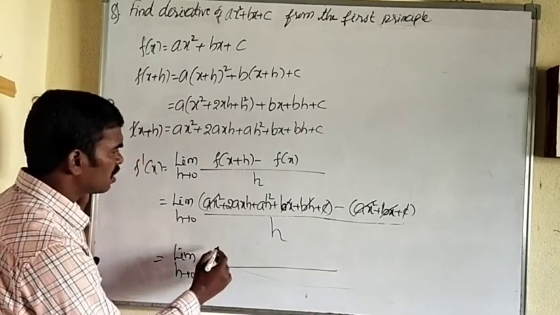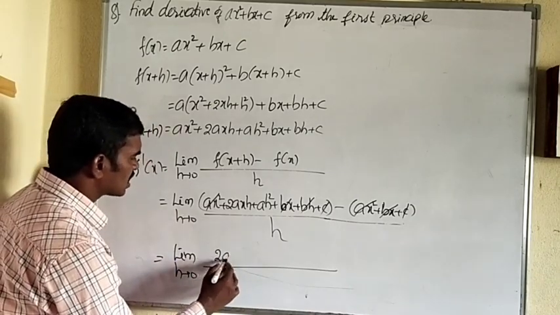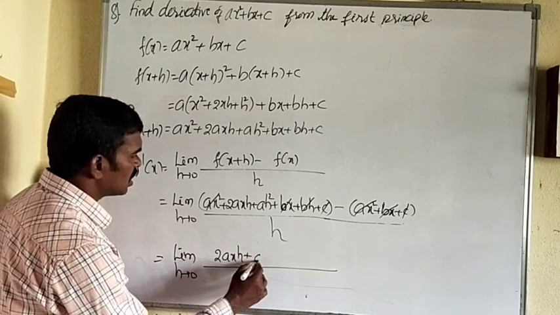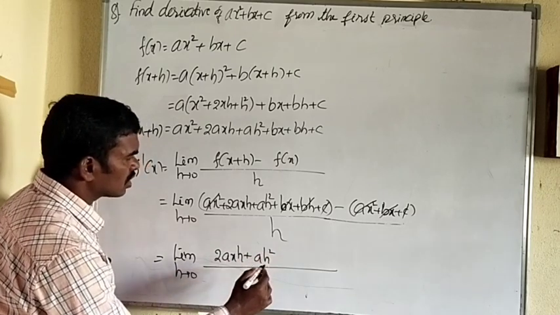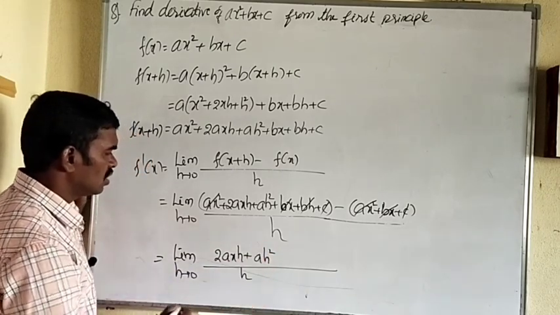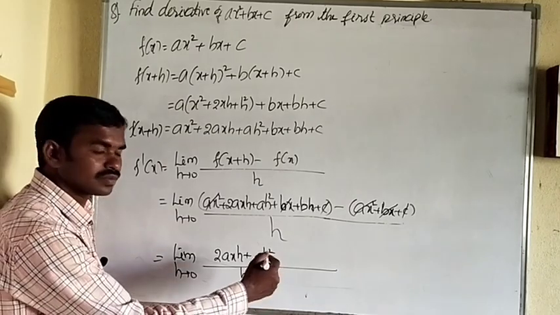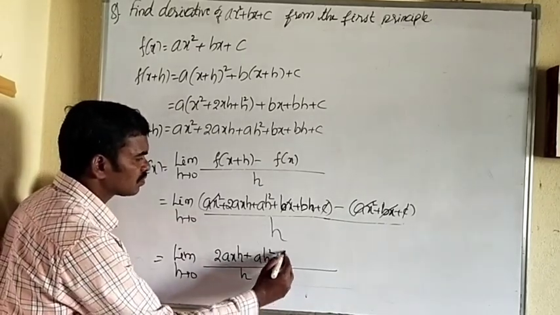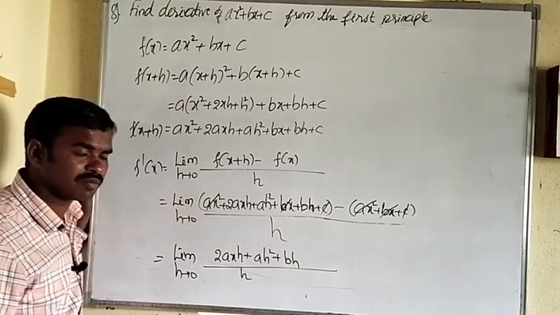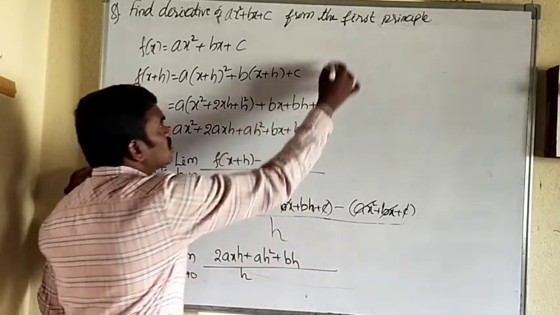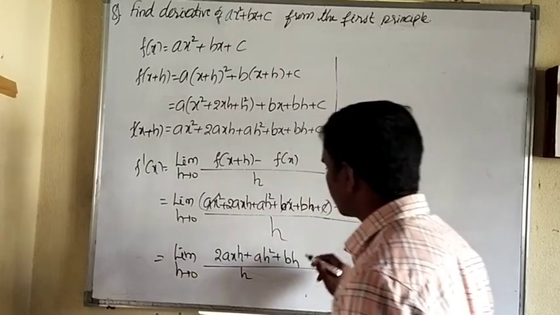So limit h tends to 0. What are the remaining terms? 2axh, ah square. That's it? Yes, that's it. Plus bh. These are the remaining. Is there any remaining term other than this? So what is common in all terms? h is common.